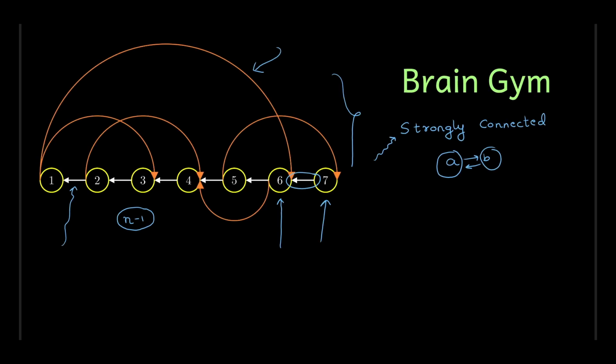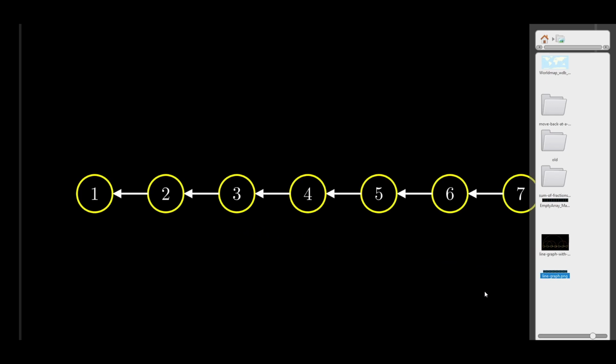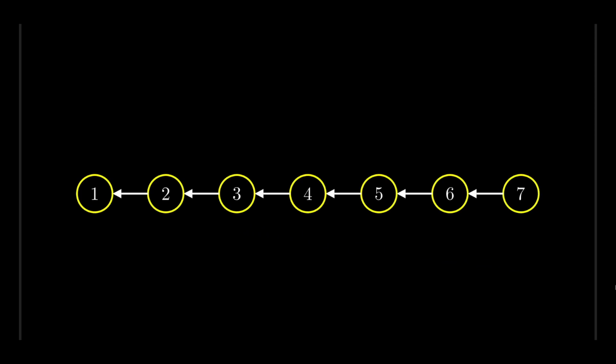So before we start with any complex orange edges, let's first discuss the simplest line graph, where no orange edge is available at this point of time. So let me take this graph. Now you will see that this particular line graph is very close to being strongly connected.